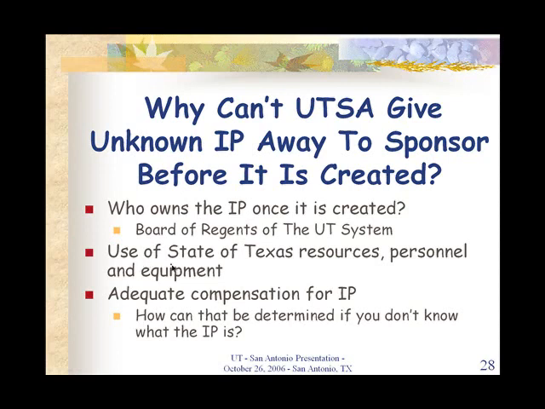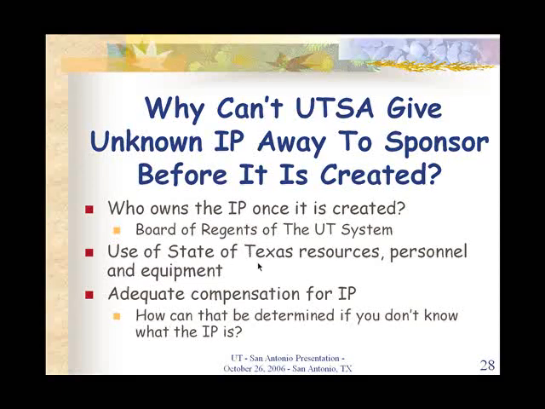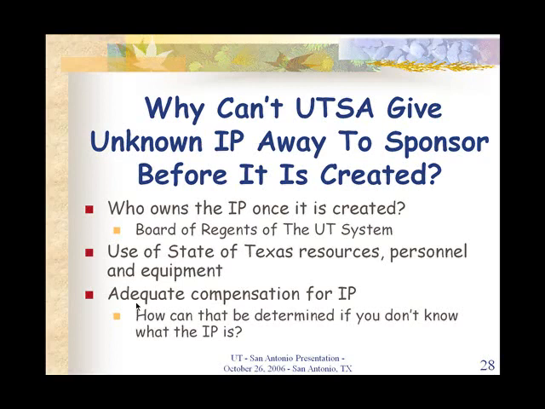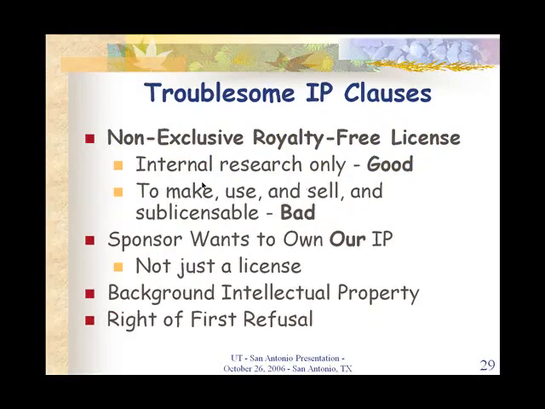So use of state of Texas resources, the personnel and the equipment, adequate compensation for the intellectual property. How can that be determined if you don't know what the IP is? So if you don't know beforehand what's going to be invented, it's difficult to make any decisions on these matters. So there are some troublesome IP clauses. Non-exclusive royalty-free license. This is for internal research only.